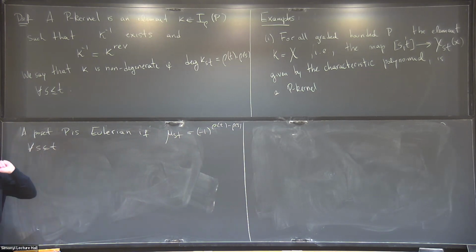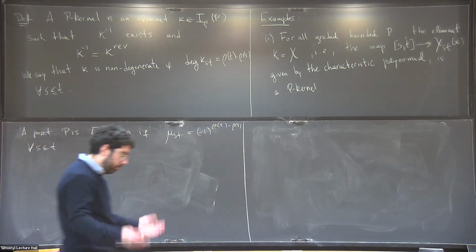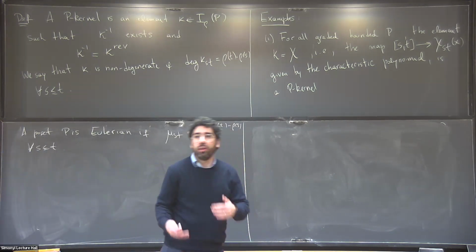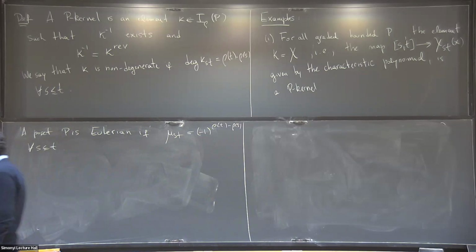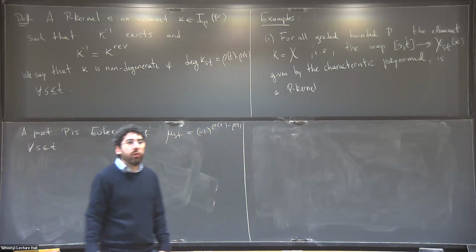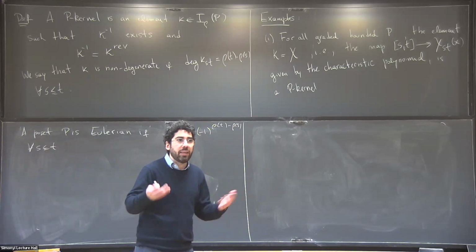So all face posets of polytopes are Eulerian. All face posets of complete fans are Eulerian. All face posets of regular CW spheres are Eulerian, and so on. There are many examples.